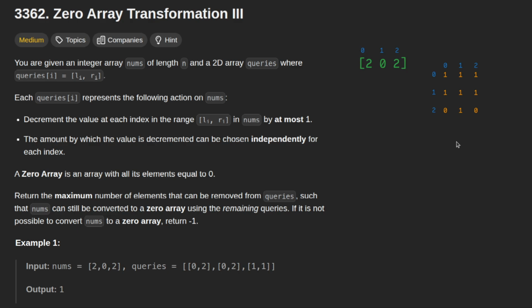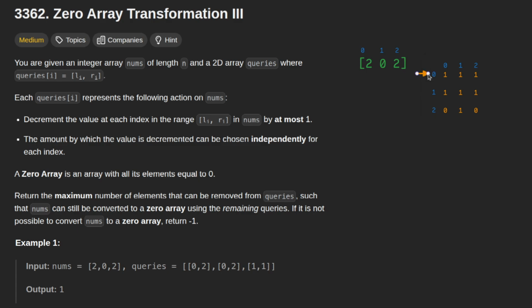So what I am going to do is perform the first query, that is 0 1 2, and after performing this first query I will get, I am performing the operation on the first row.